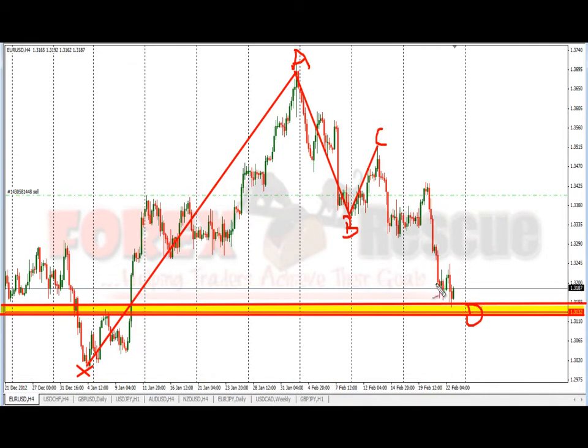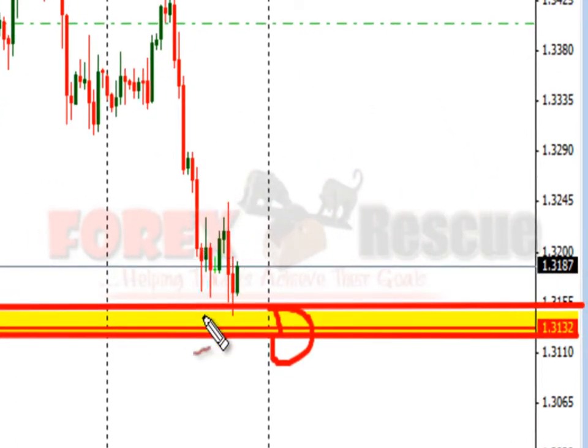If you take note, you can see how price formed multiple candlestick patterns around this area. You can see multiple candlestick patterns bouncing off from our potential reversal zone, our point D, bouncing off from this area that is also a major support area that was spotted on the weekly time frame.